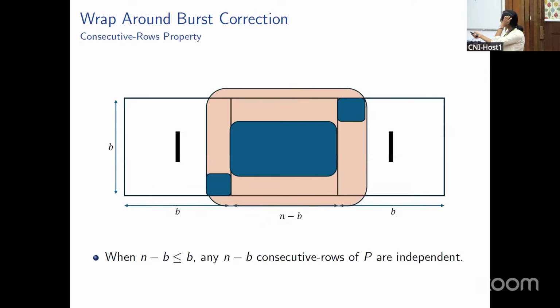So this is just a particular case that appears when this matrix is a tall and thin matrix. In that case, we need that these n minus b consecutive rows need to be independent. Okay, these are essentially four properties that this P needs to satisfy in order for it to be a wraparound burst correcting code.